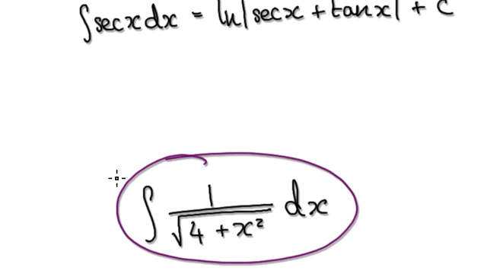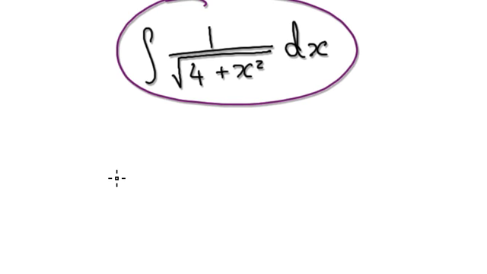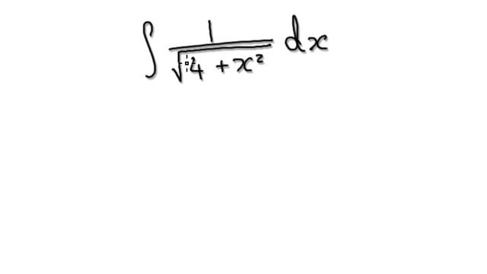So to tackle this, your eyes should zoom into this bit here. So we are going to use trigonometric substitution. So your eyes should zoom into this square root bit. Create a scenario in such a way that this square root bit is true.